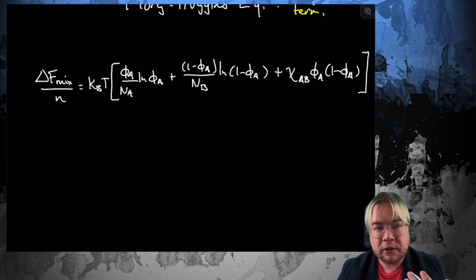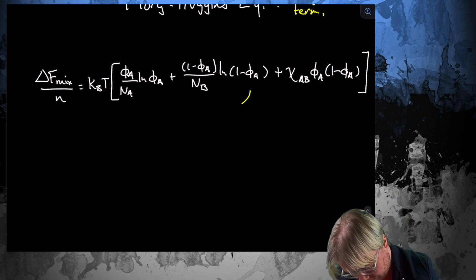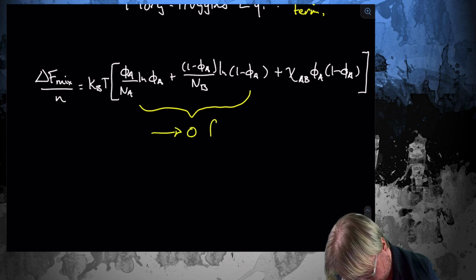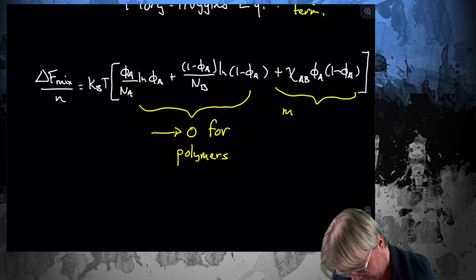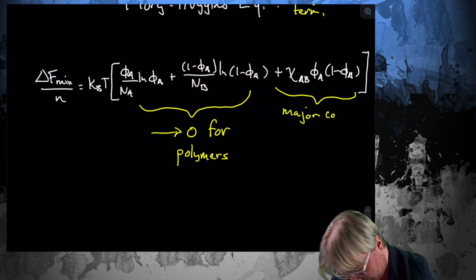If you have polymers, polymers have large degrees of polymerization. So this term will approach 0 for polymers. And so if that's the case, you can see that this term is the major contribution to delta F of mixing.